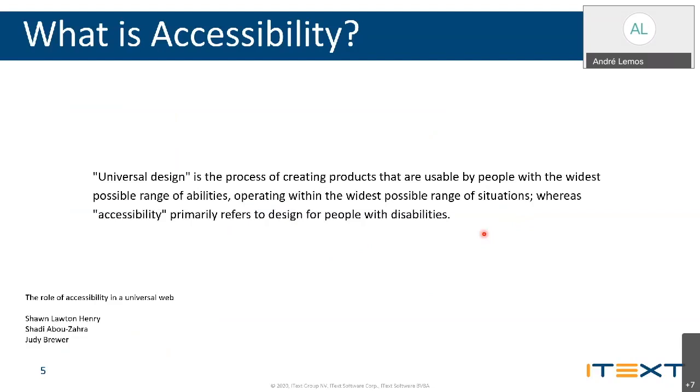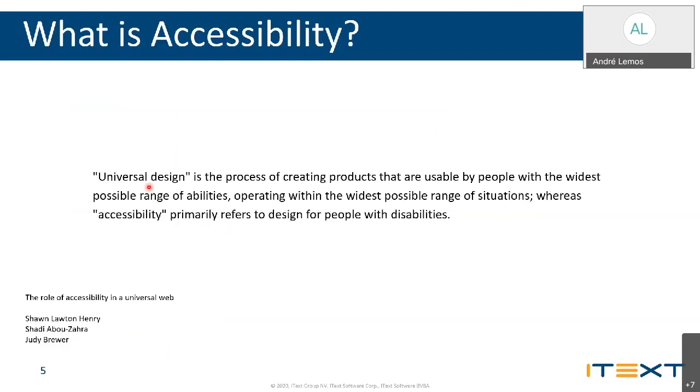One thing I would like you to take from this presentation today, though, is to shift your perception of accessibility a little bit, and maybe consider it a little bit like what universal design actually is, a way to make stuff available, any kind of content, available in the widest possible range of situations.